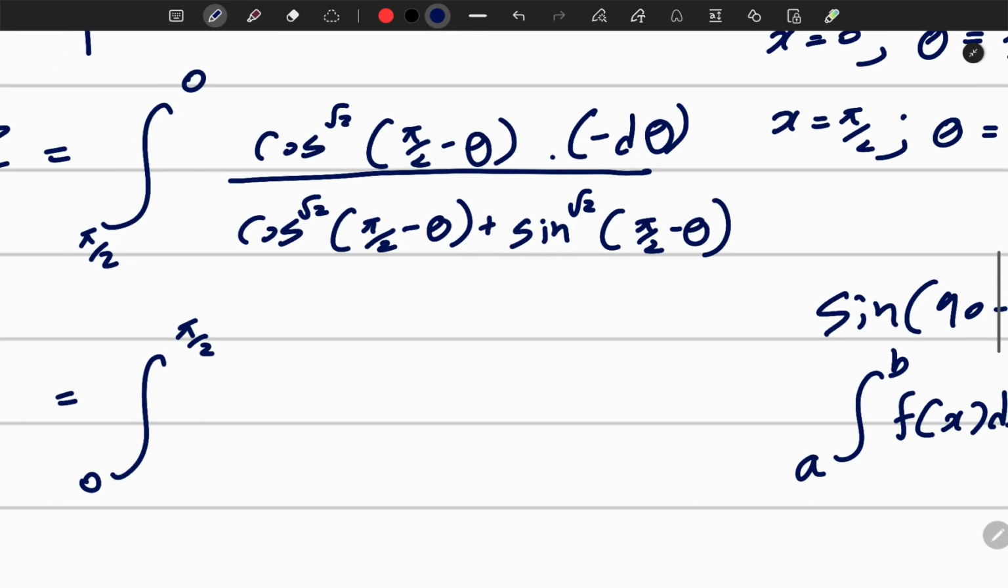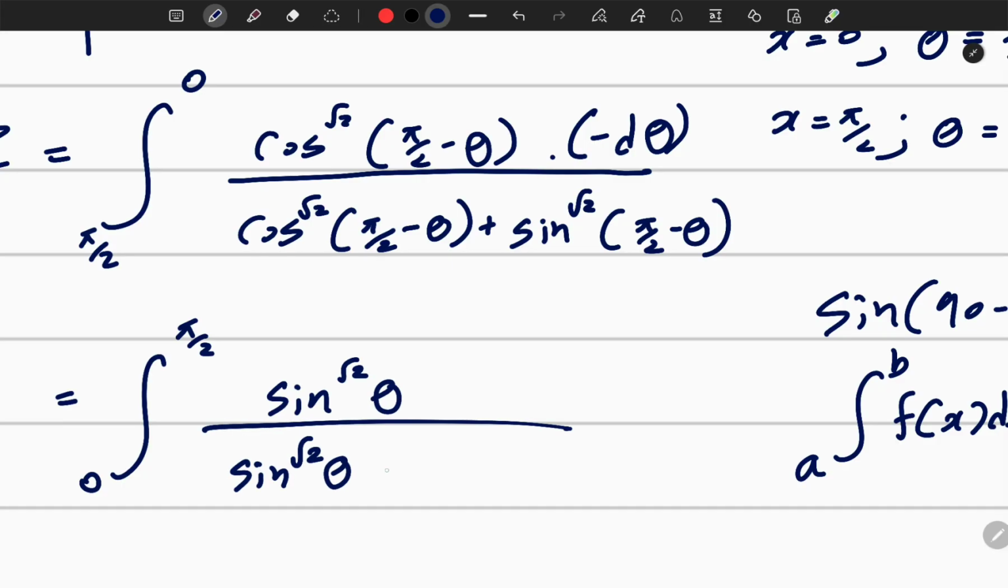Cos of 90 minus theta becomes sine theta, so sine root 2 theta over sine root 2 theta plus cos root 2 theta d theta.